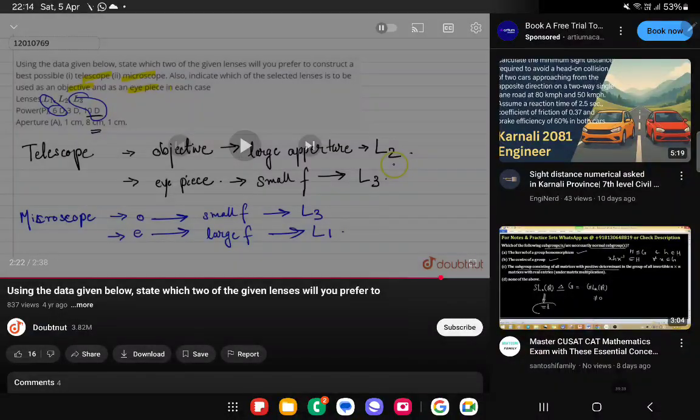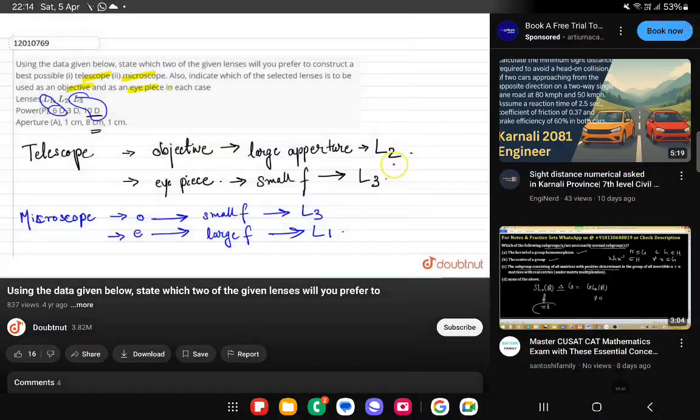So when they give you such a question, in the microscope the objective is smaller, and smaller means smaller focal length, whereas the eyepiece is larger. O means objective, E means eyepiece. The objective must have a smaller focal length.